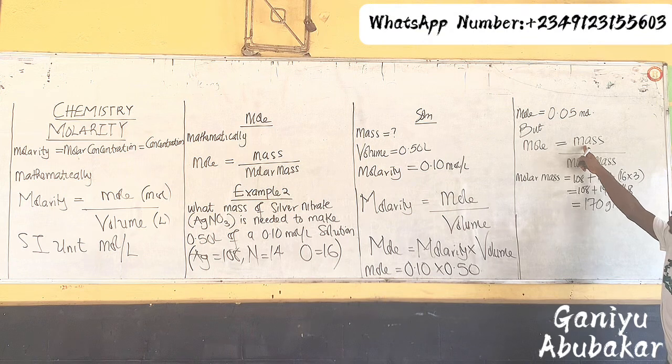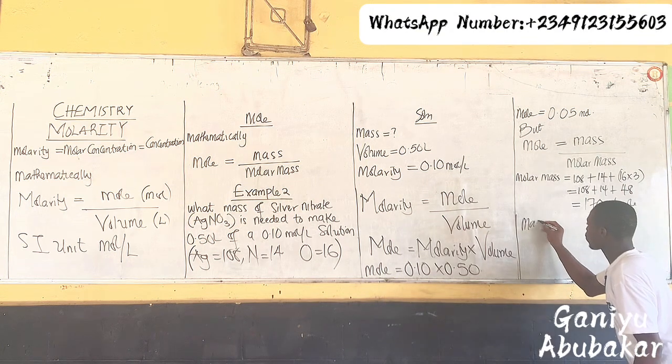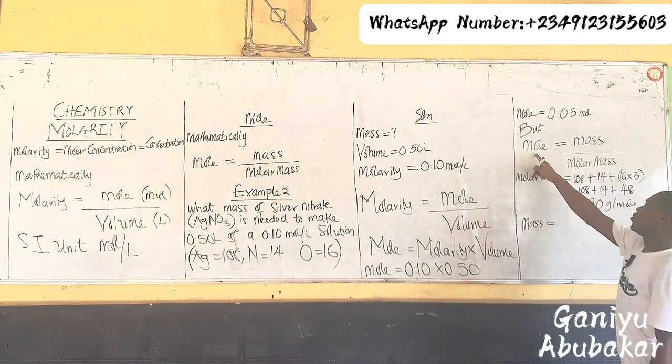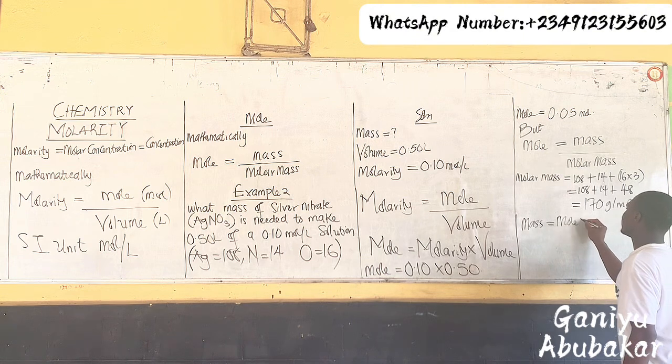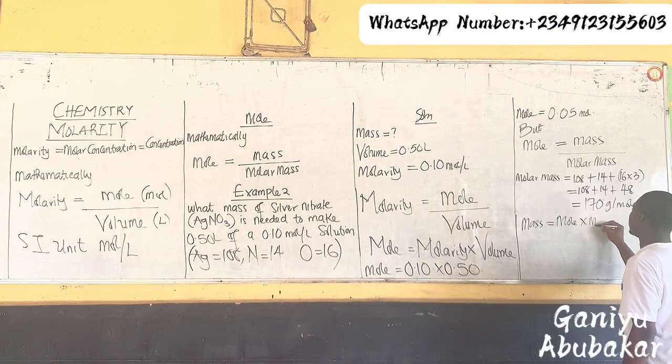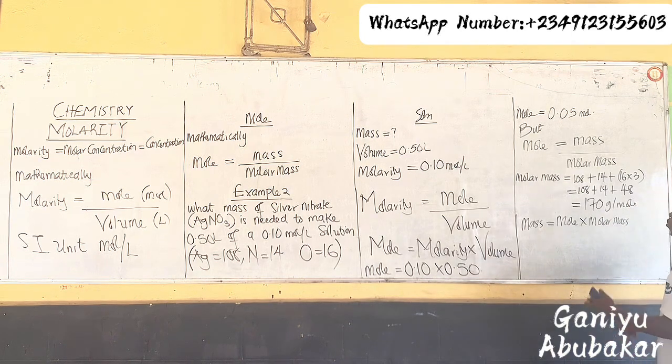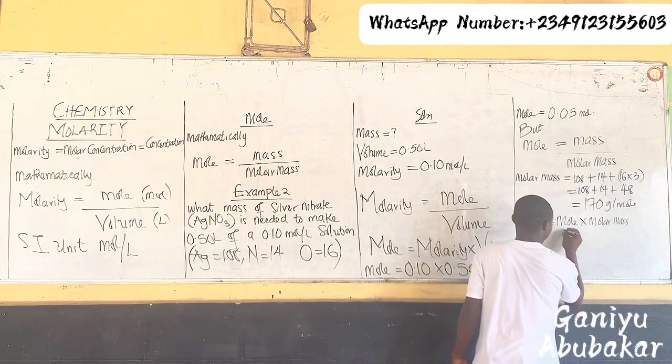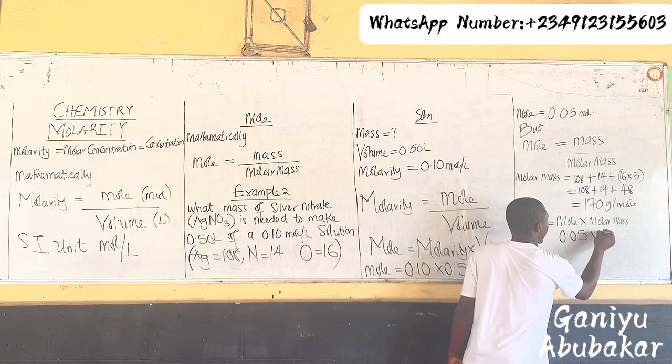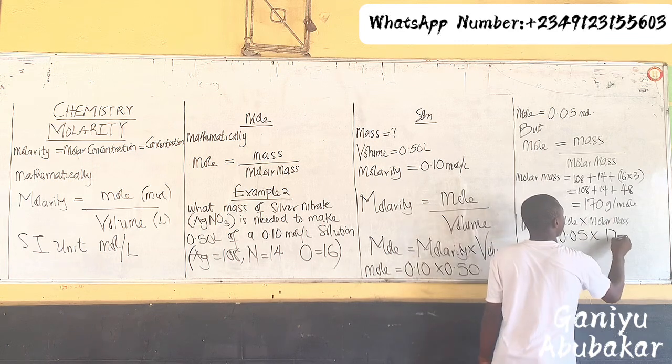So from here now, mass is equal to mole times molar mass. What's mole? Of course, we said mole is 0.05. So 0.05 times molar mass, which is 170.